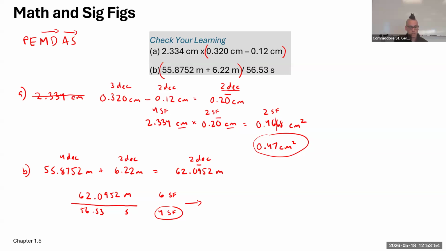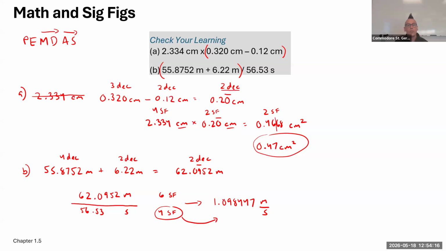62.0952 divided by 56.53. I got 1.098447 and so on, and then meters per second. But we want 4 sig figs.